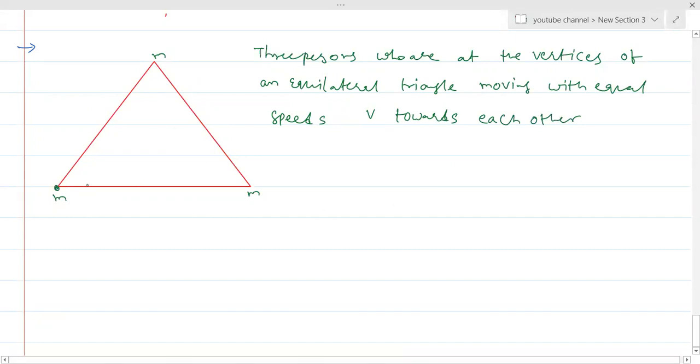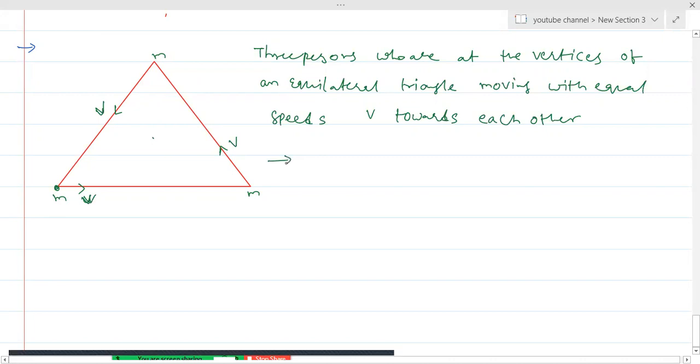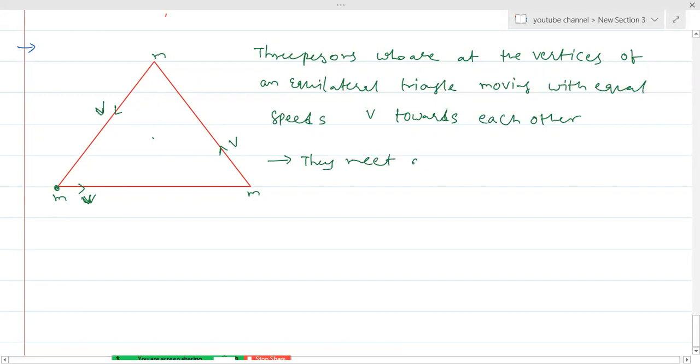The first person is moving towards the second, the second person is also moving towards the third, and the third is also moving towards the first with the same speed, let us say v. So obviously they meet at the geometric center, that is, they meet at the centroid.